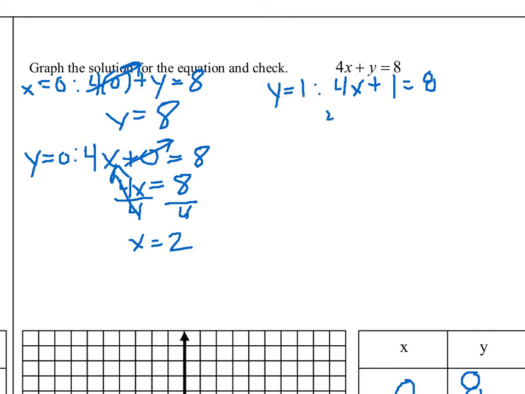Negative 1. So we need to cancel out this plus 1 over here, so we can get that x closer to being alone. So 4x is equal to 7.